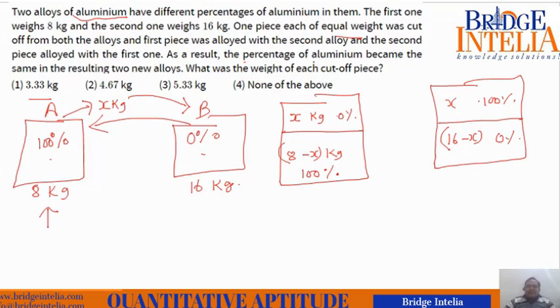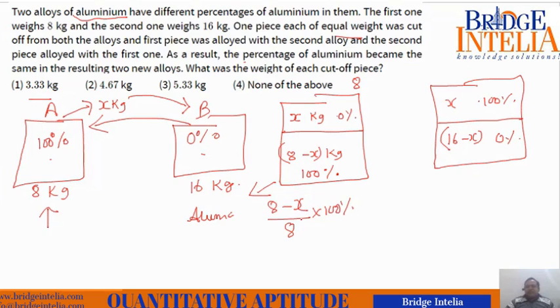What is the question? The percentage of aluminium becomes the same. Now let's calculate. So what is the aluminium content? So 8 minus x, what is the total weight? Total weight is 8. So this is the percentage of aluminium.